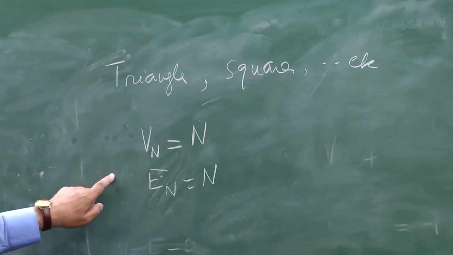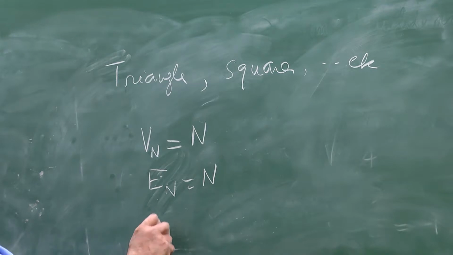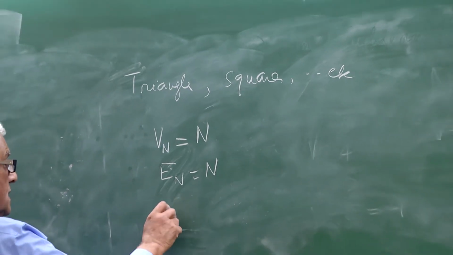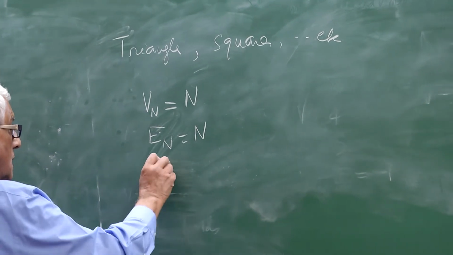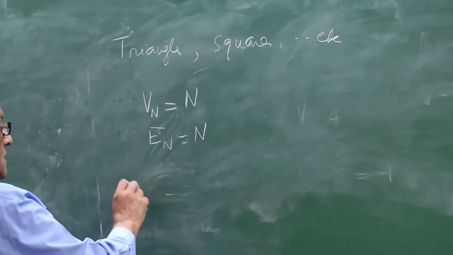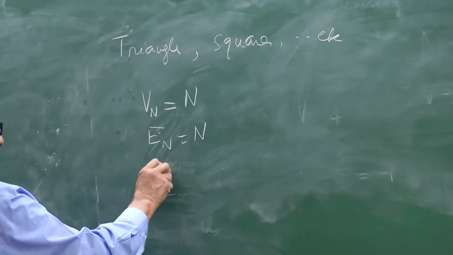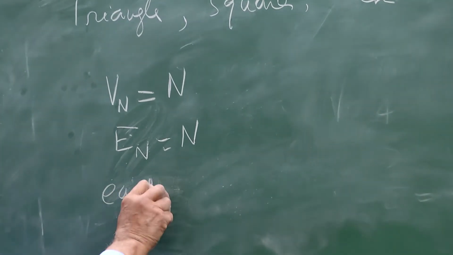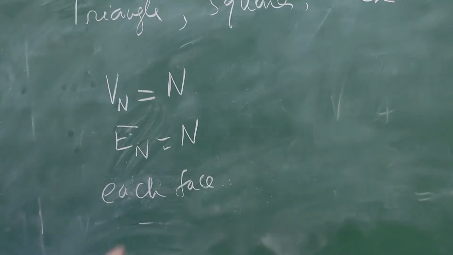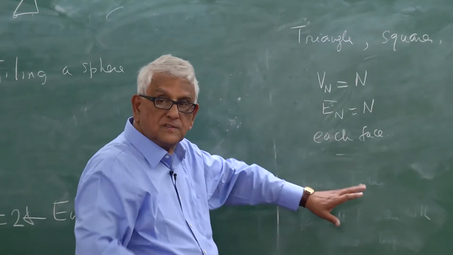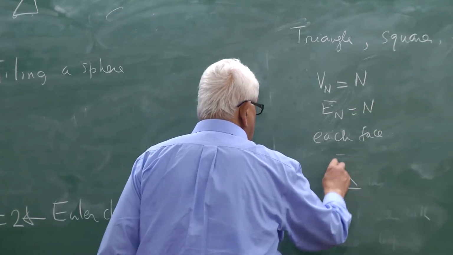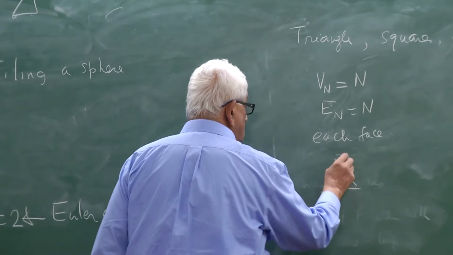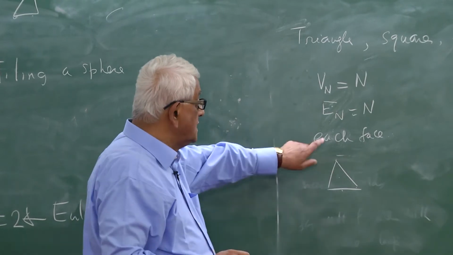And suppose there are n faces, so for each face you have this. That is, if I draw an n-sided figure, like here is a triangle, it has 3 vertices and 3 edges, and there is one of these.